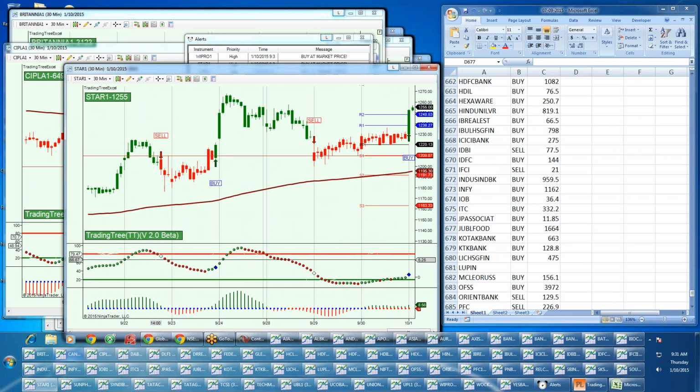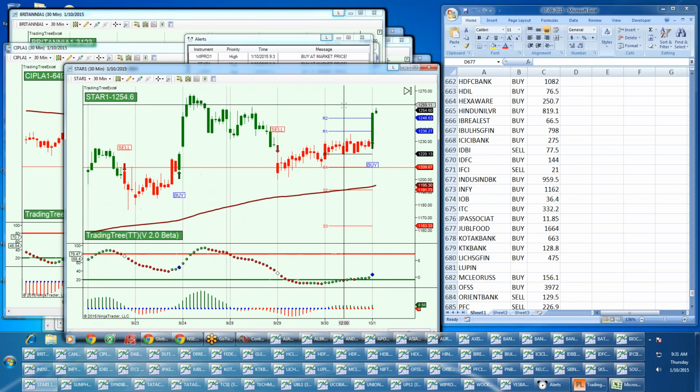We have Star buy call. I'll buy at this price, 1258.